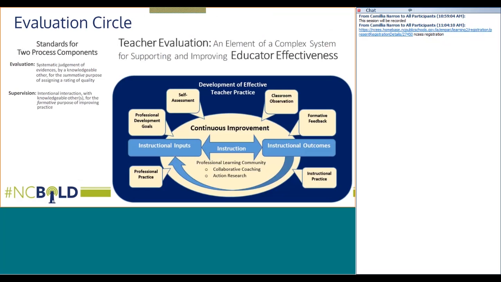Evaluation is the systematic judgment of evidences by a knowledgeable other for the summative purpose of assigning a rating of quality. So the evaluation process is annual, and so this evaluation where you are assigned ratings happens at the end of the year. This is an annual evaluation, so ratings are assigned on the rubric at the end of the year during the summative evaluation.